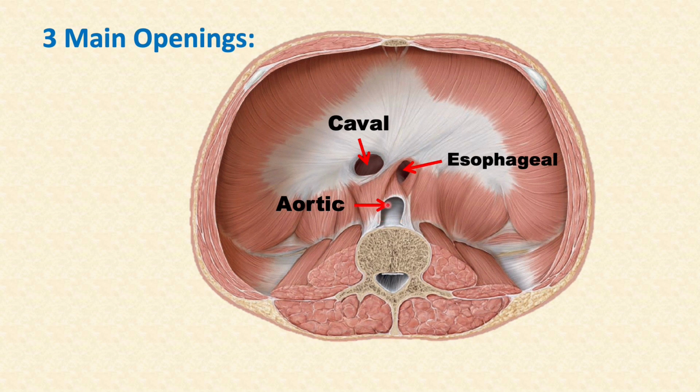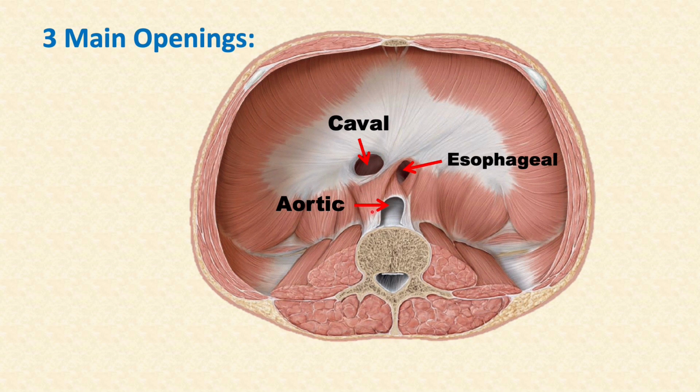So if I would say out of the three which one is not piercing the diaphragm, yes, this aortic opening is not exactly piercing the diaphragm, and hence the structures which will be passing we will be seeing now. Those structures are the only ones which are not piercing the diaphragm as such.